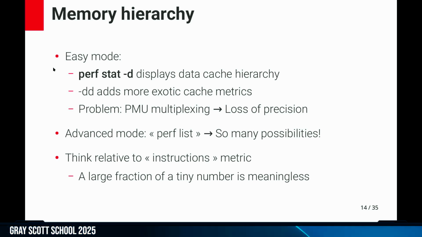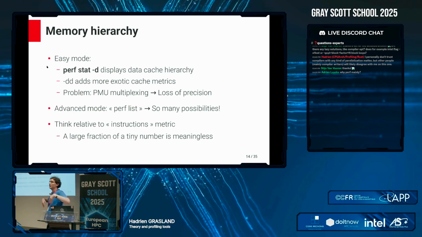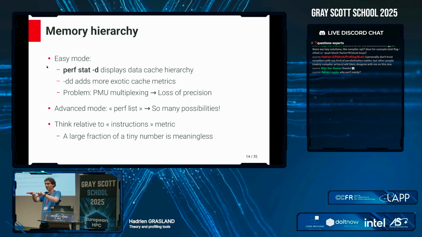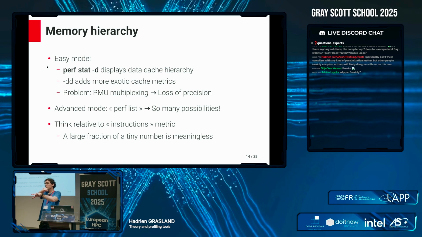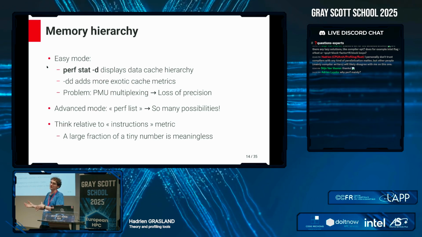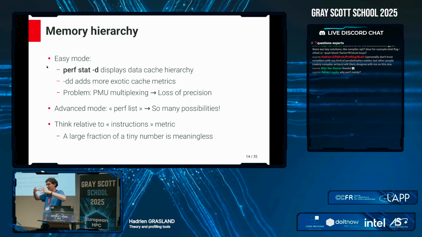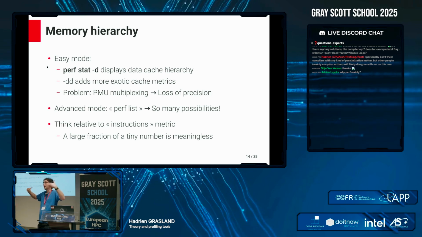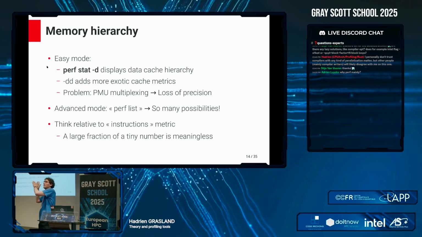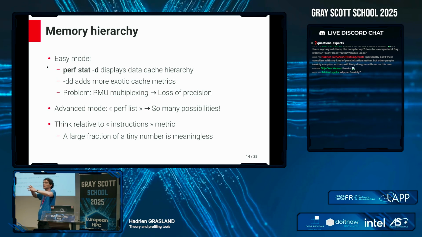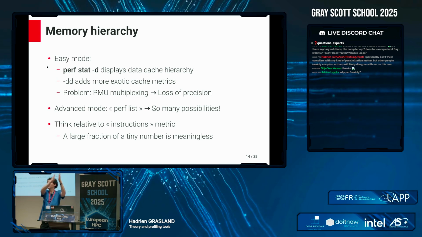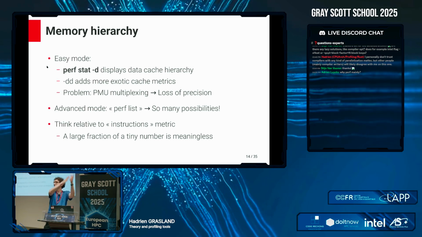There is one problem when you start using these detailed flags, which is that perf is measuring more and more hardware metrics. And at the hardware level, these metrics map into individual units that must each be programmed. And you have a finite number of such units. So as you add more and more metrics, at some point you will run out of these units, and your CPU will need to start multiplexing, which is to say that it will not be constantly measuring the stuff you're interested in, but it will switch between measuring different things over and over again.